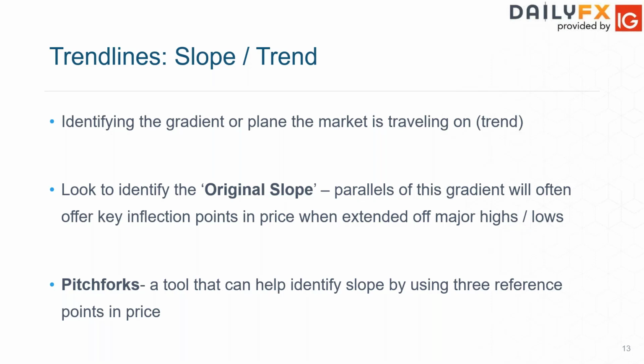It's basically the angle of attack, how sharp the move or the trend is, whether it's to the downside or the upside. We're always looking to identify the original slope. So again, basic lows, basic highs, right? Parallels of that will oftentimes give you beautiful inflection points.